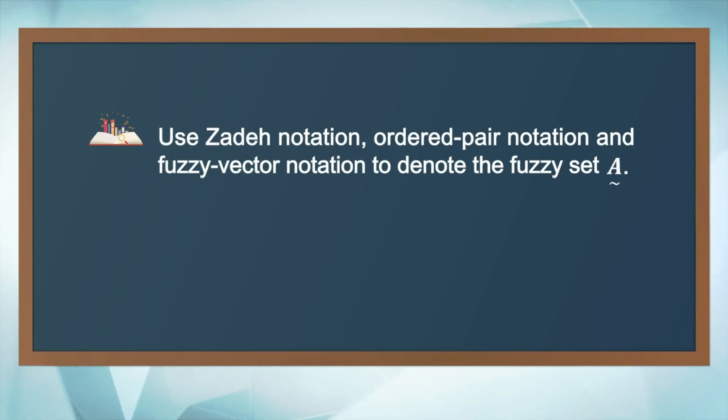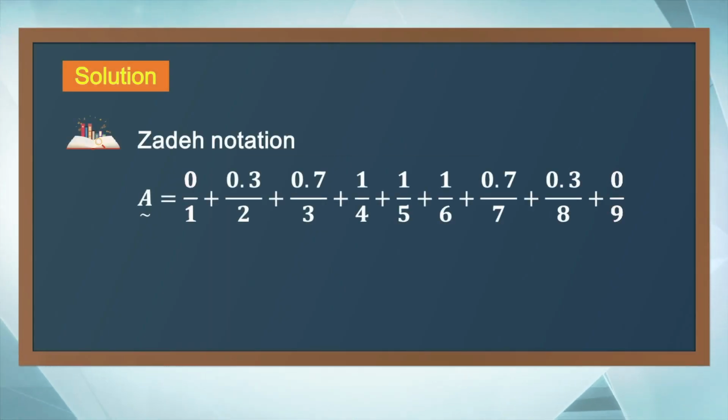Use Jardine notation, ordered pair notation, and fuzzy vector notation to denote fuzzy set A. First, Jardine notation. Using Jardine notation, the fuzzy set A equals 0 over 1 plus 0.3 over 2 plus 0.7 over 3 plus 1 over 4 plus 1 over 5 plus 1 over 6 plus 0.7 over 7 plus 0.3 over 8 plus 0 over 9.